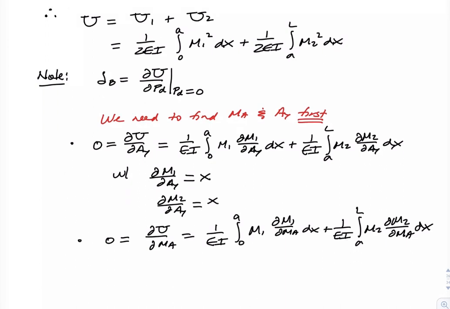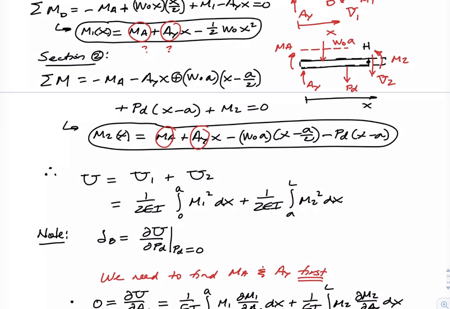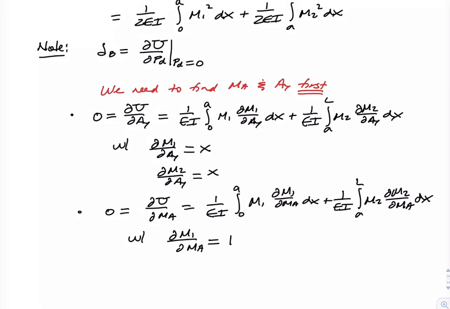So in this case, I need partial of M1 with respect to MA. Well, that is going to be a 1, as well as partial M2 with respect to MA is also a 1.